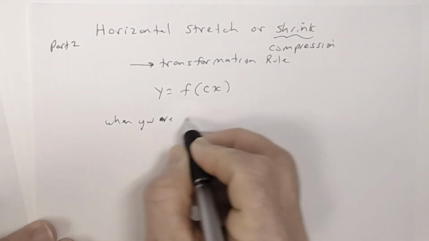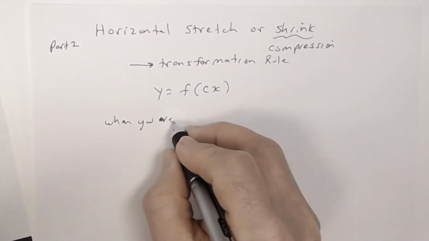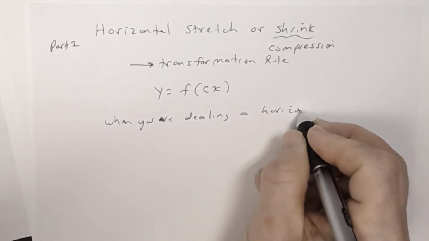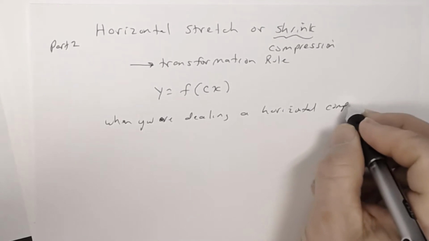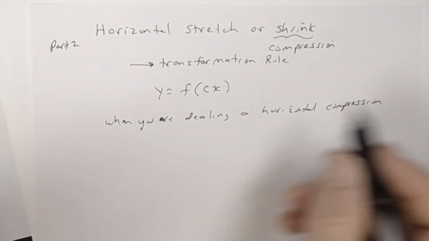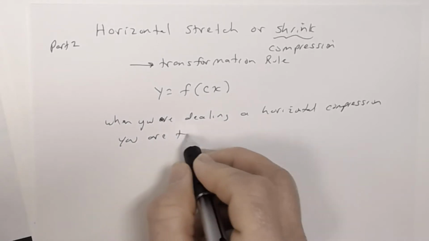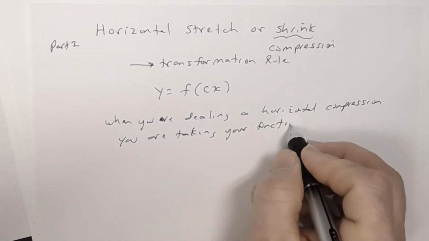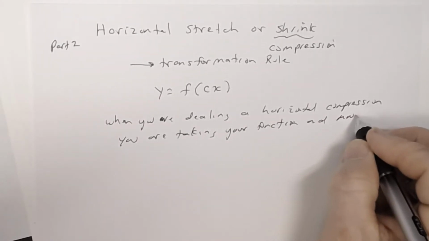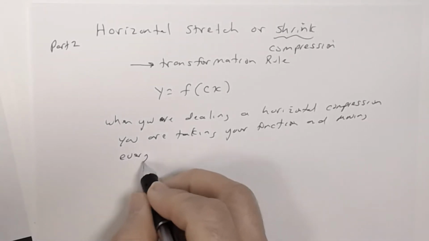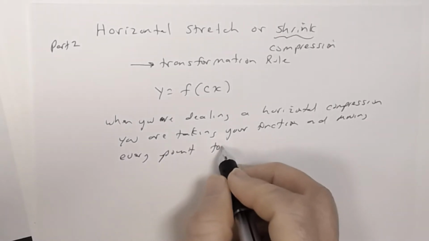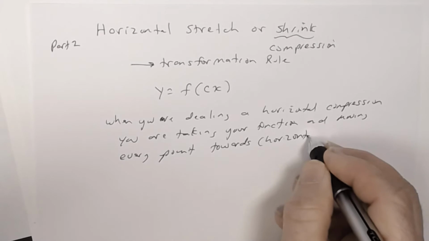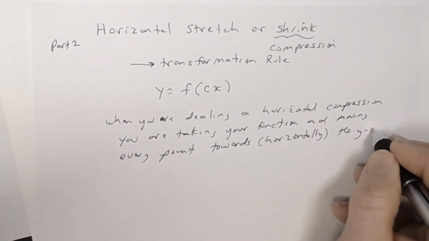When you're dealing with a horizontal shrink or compression, you are taking your function and moving every point, horizontally, towards the y-axis.